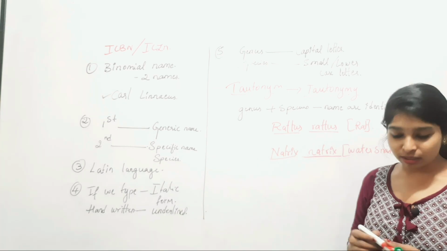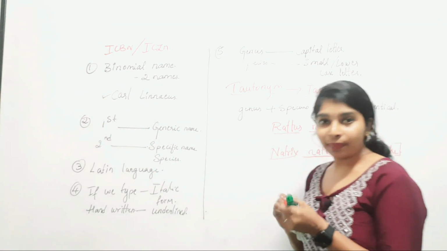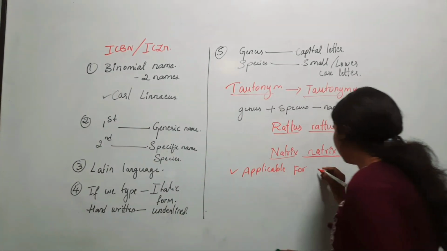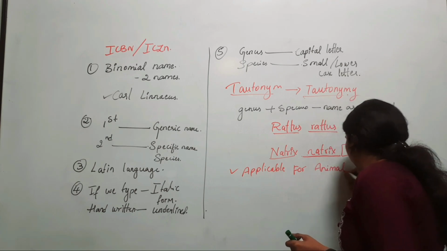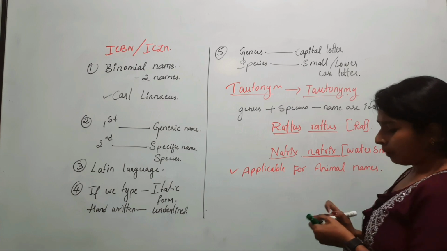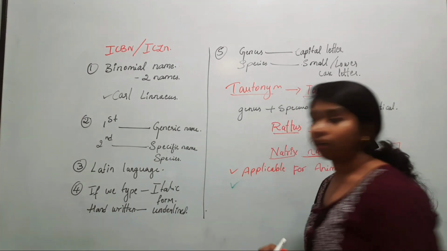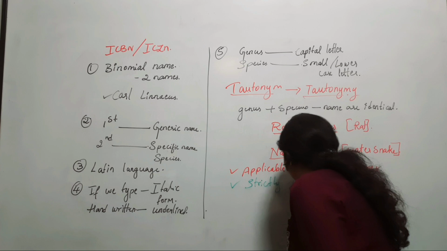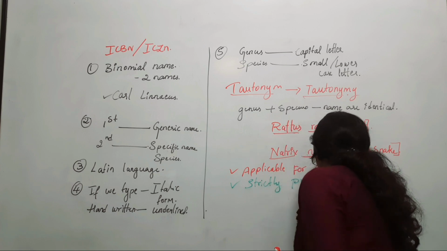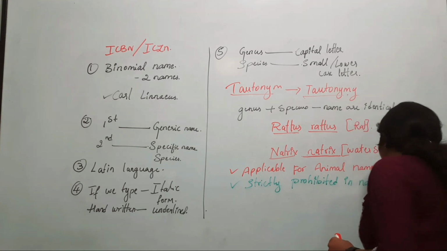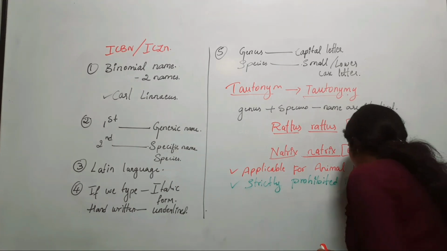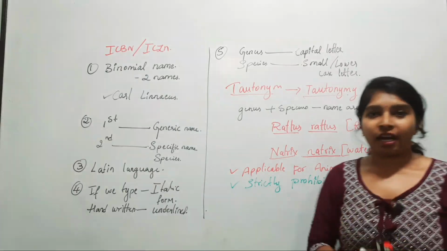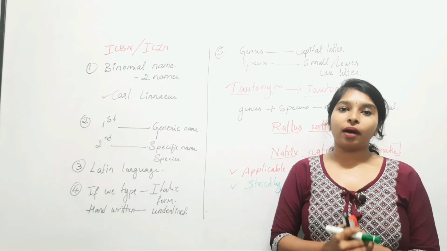Tautonymy is applicable for animal names, but it is strictly prohibited in the naming of plants. In the next video we will talk about classification.